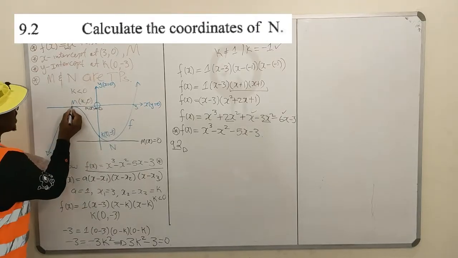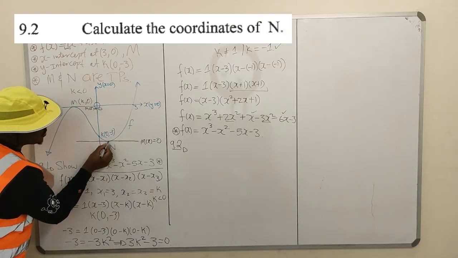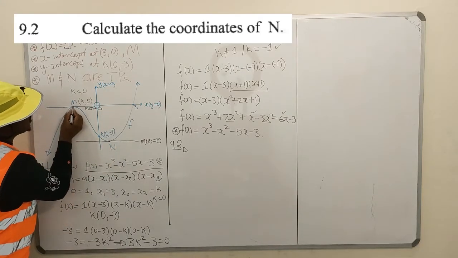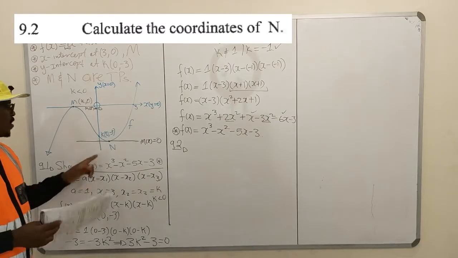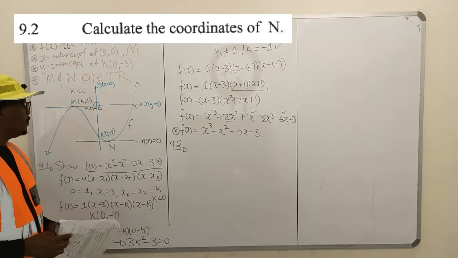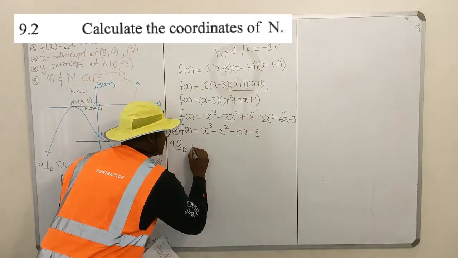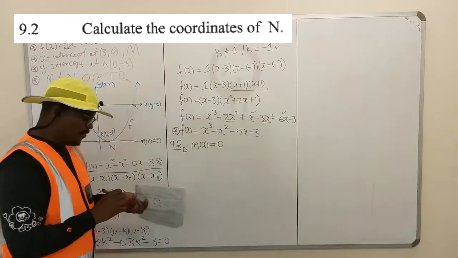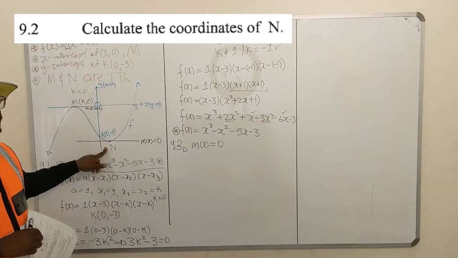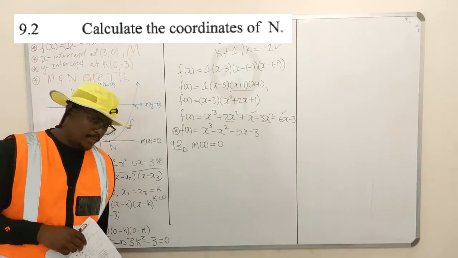Since our tangent has the gradient of 0, we know at this point that the gradient at n is equal to 0. Whatever the coordinates of n are, the gradient at n is equal to 0. Good. Okay.